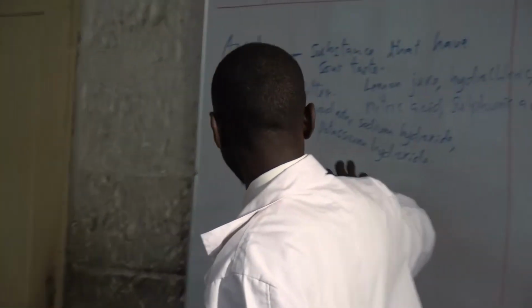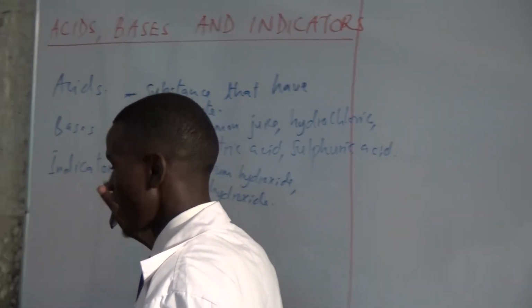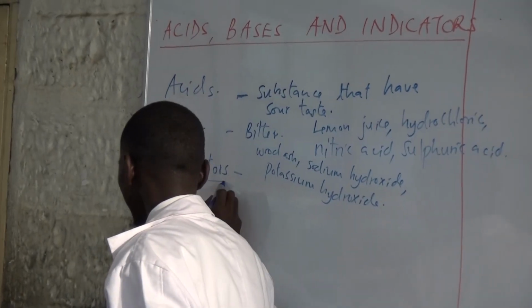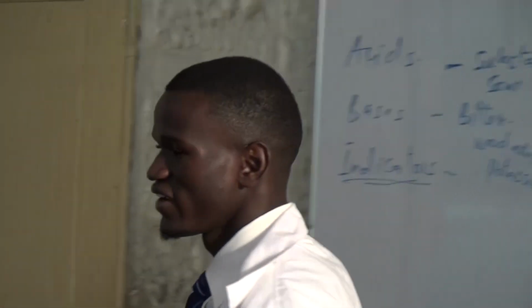So we have learned that acids are substances that have sour taste. What of bases? Substances that have bitter taste. Some of the few examples are here, right? Now, there is a very important role that is played by indicators.